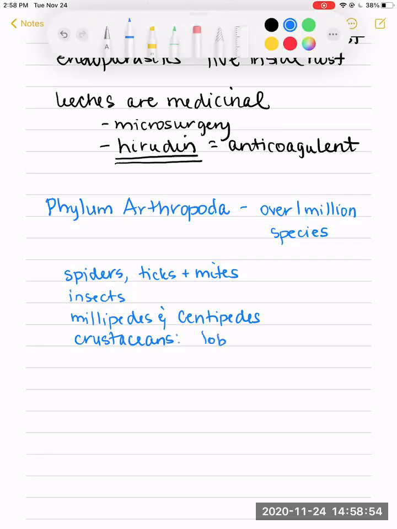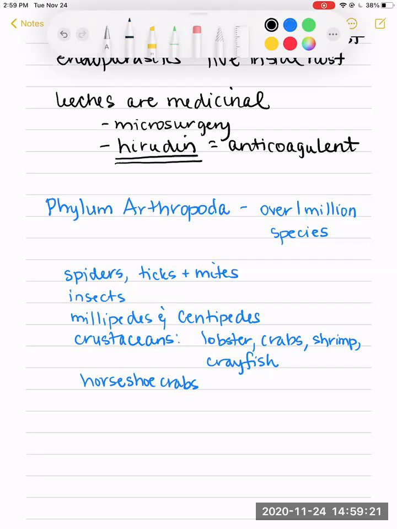So lobsters, crabs, shrimp, crayfish, and then it includes the horseshoe crabs, which are different than normal crabs. So huge diversity in the arthropods.